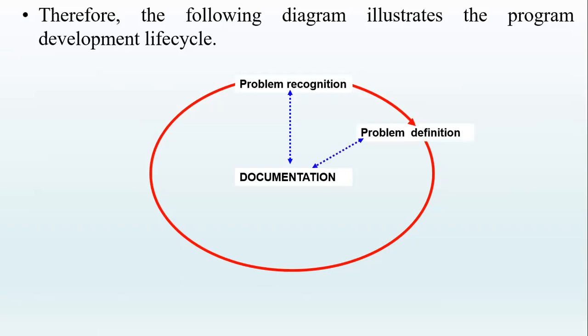Number 2 is problem definition, together with its documentation. Number 3 is program design, together with its documentation. The fourth step is program coding, together with its documentation.